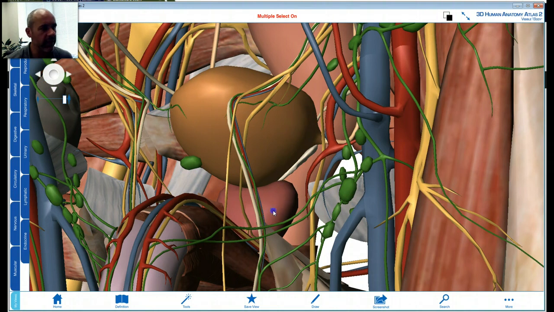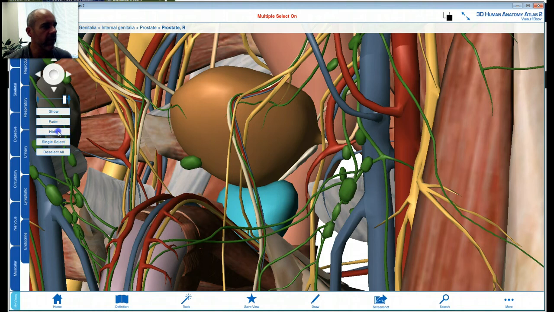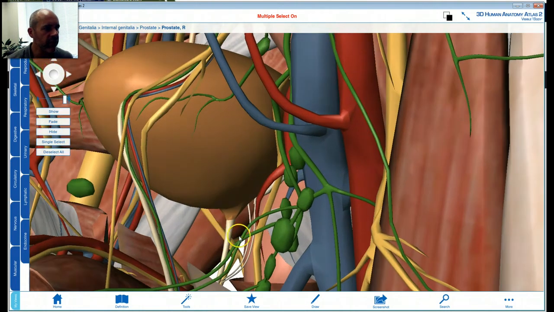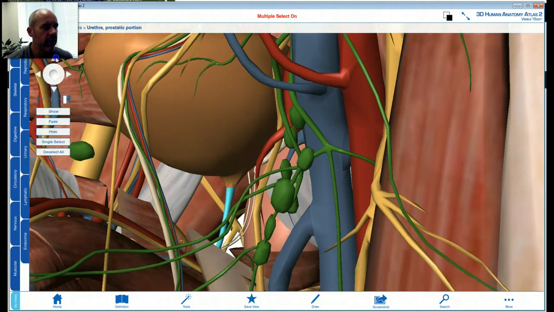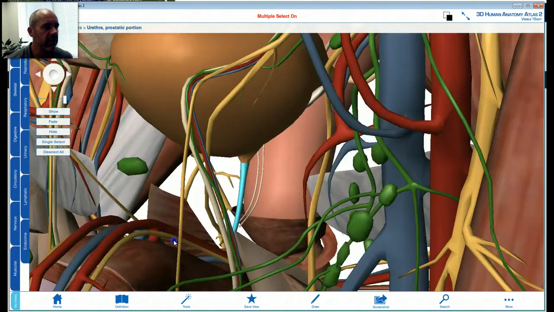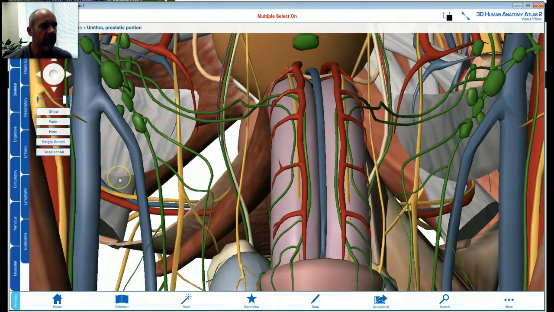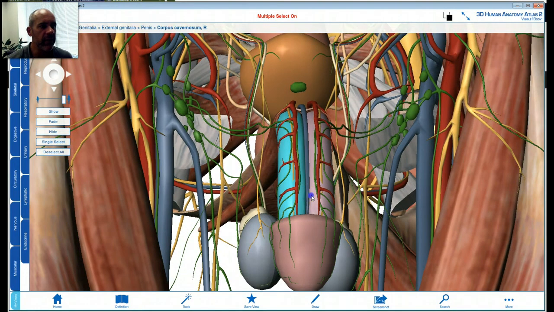That's actually the prostate gland, which you don't have to be able to identify right now, but we'll hide that. And so you see this tube over here, that's the urethra, which was actually inside the prostate gland that I just eliminated. And then the urethra continues on into the penis in the male.